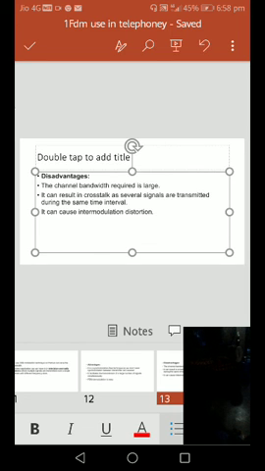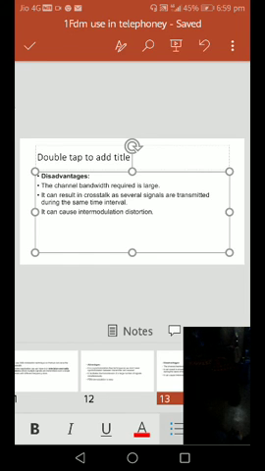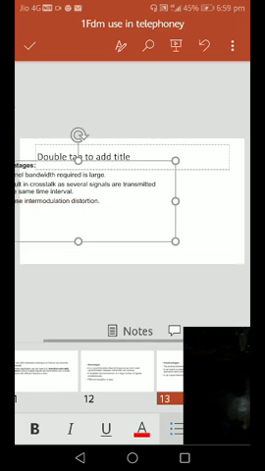It can also cause intermodulation distortion.